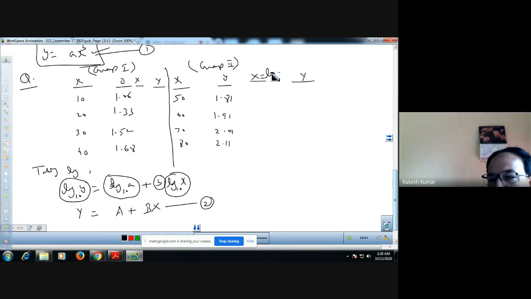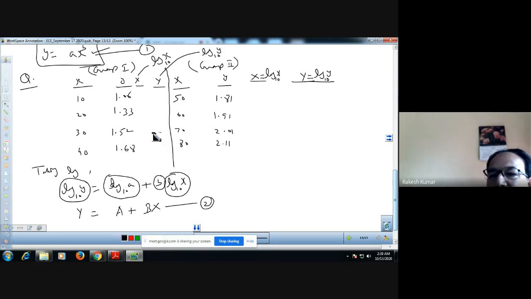That is the log of x to the base 10. And capital Y is log of y to the base 10. These are the values we shall calculate, and we can use the scientific calculator for this purpose.